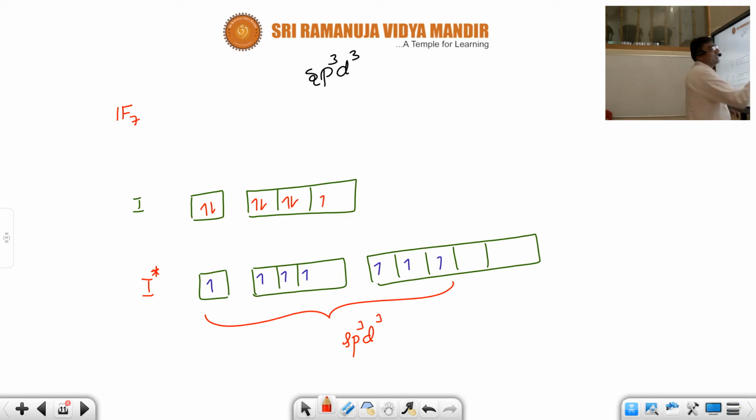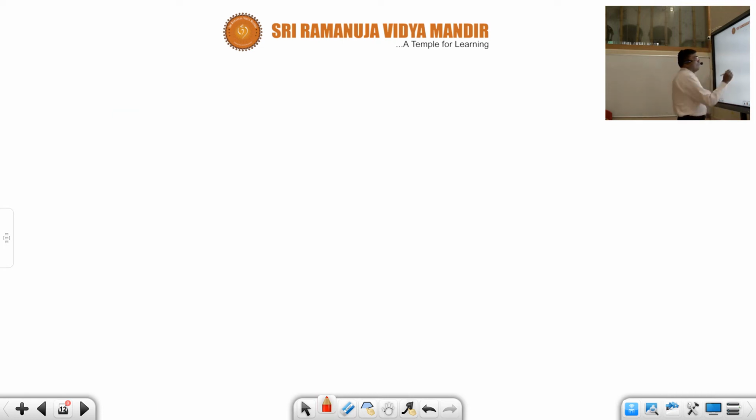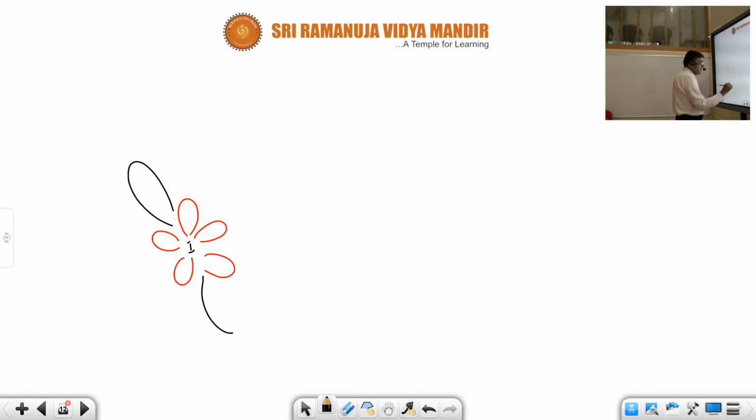In the sp3d3 hybridization, s, px, py, pz, dxy, dyz, and dzx orbitals will be participating. And it leads to the formation of the following structure. The structure is as follows. This is iodine, the central atom, and here this is the structure.